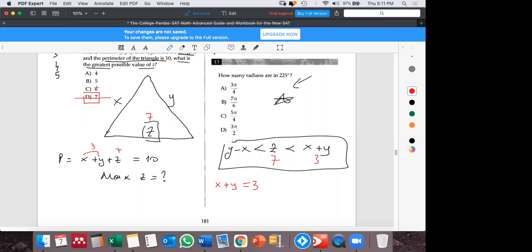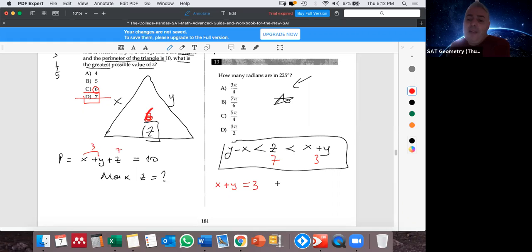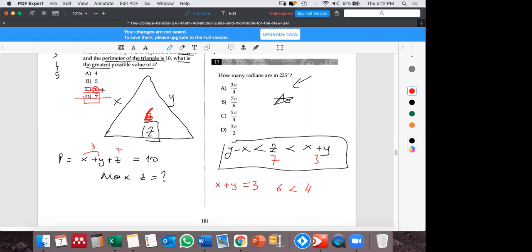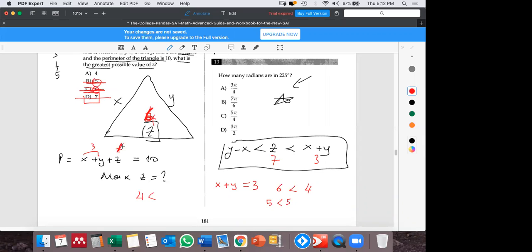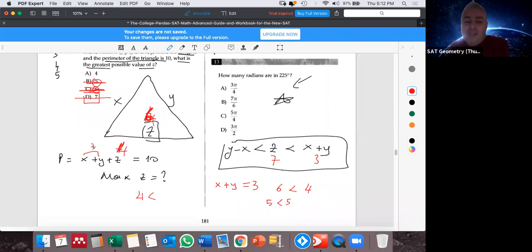Say it's 6. If Z is 6, now what is X plus Y? 4. 6 less than 4? Possible? No. If 5, this is also 5. So 5 is less than 5? No. If 4, since this is 4, what is left for X plus Y? 6.